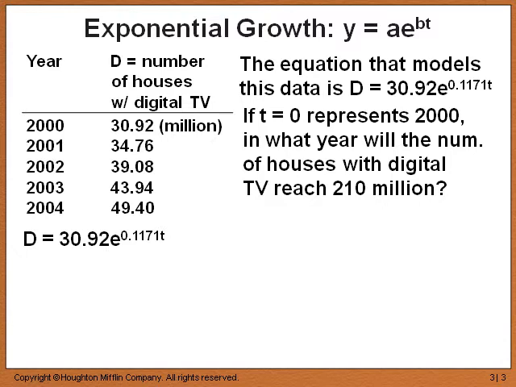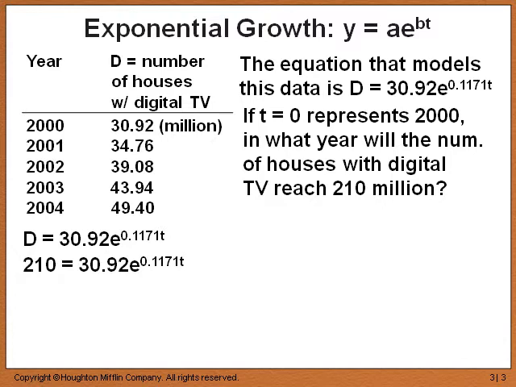Okay, so you should have written down your formula. This is your exponential growth model for this particular set of data. And then you put in 210 as your final amount, because that's what the question asks. And from there, you simply need to calculate t.